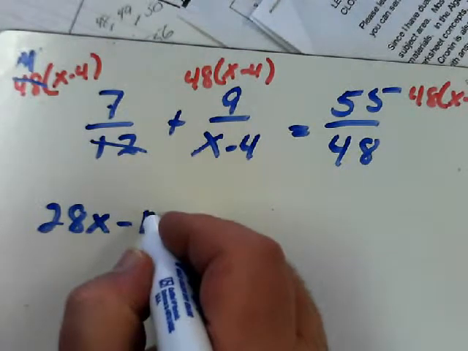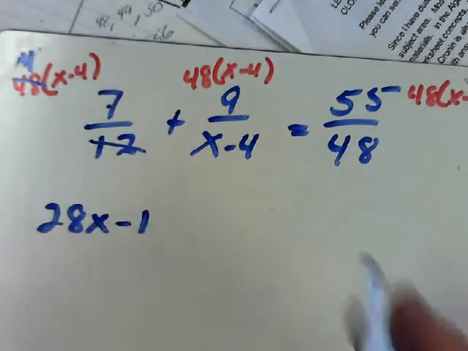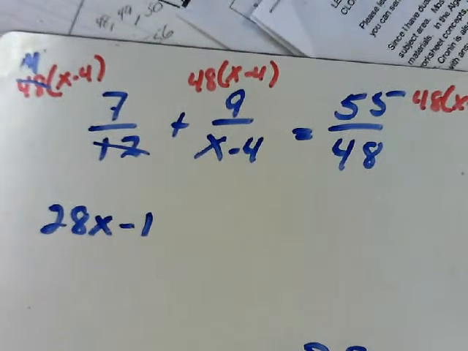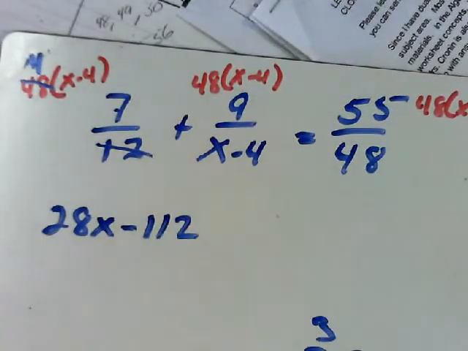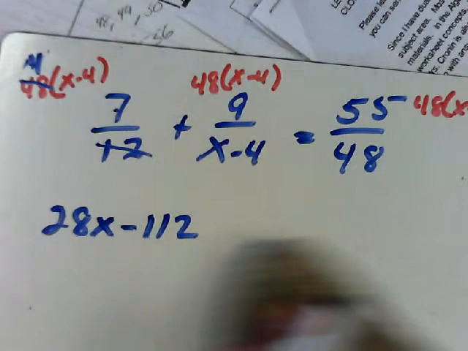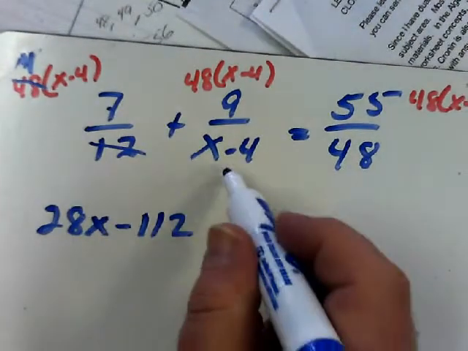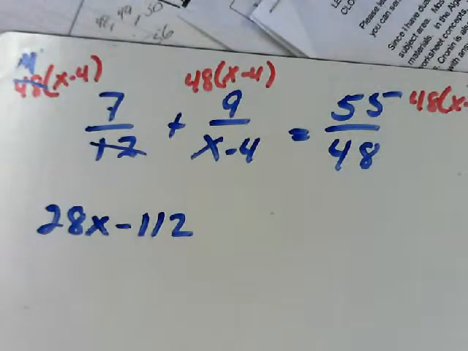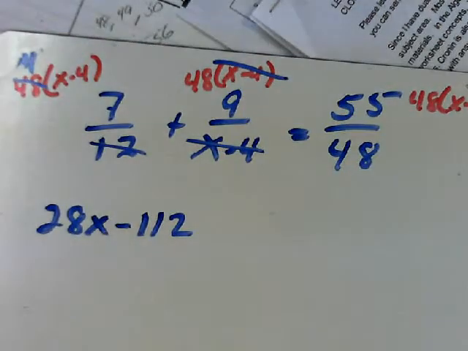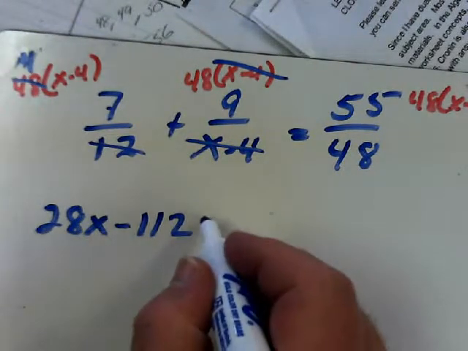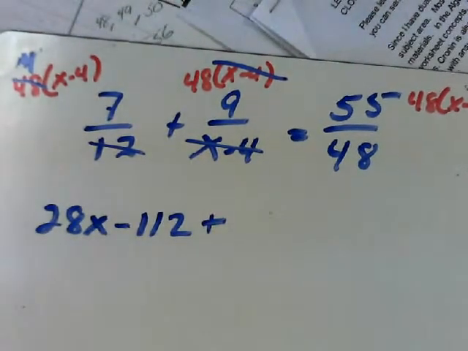Negative 1. 112. What will cancel in this one? The x minus 4 cancels, so I have 48 times 9. 432.